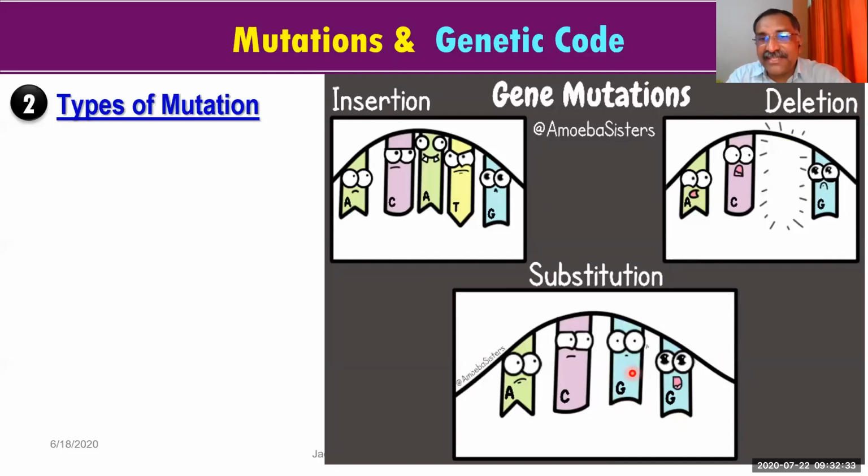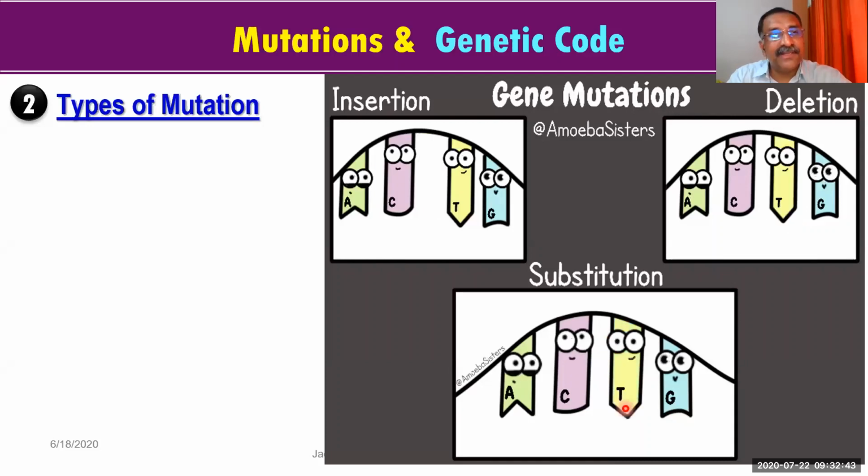The G is replaced. This is G nitrogen base, and this nitrogen base is changed by another one. In place of G, you are placing T. This is what is called substitution. One is replaced by another. The guanine is replaced by thymine.